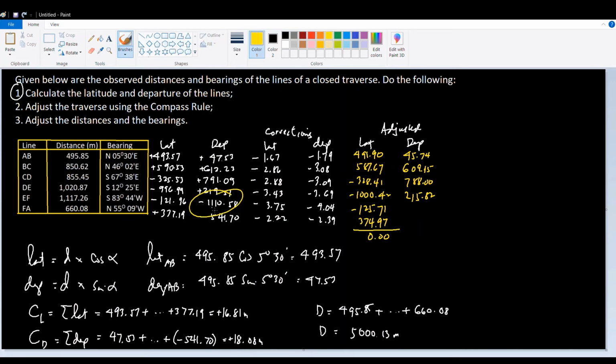Negative 1,110.58 minus 4.04 is negative 1,114.62.